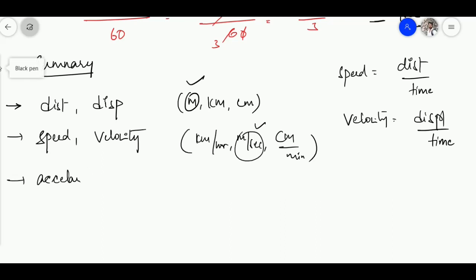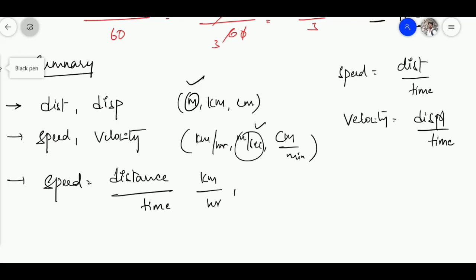let's discuss the formulas first. Speed equals distance by time. Distance can be in kilometers and time in hours. Distance can be in centimeters, time in minutes. Distance can be in meters and time in seconds.